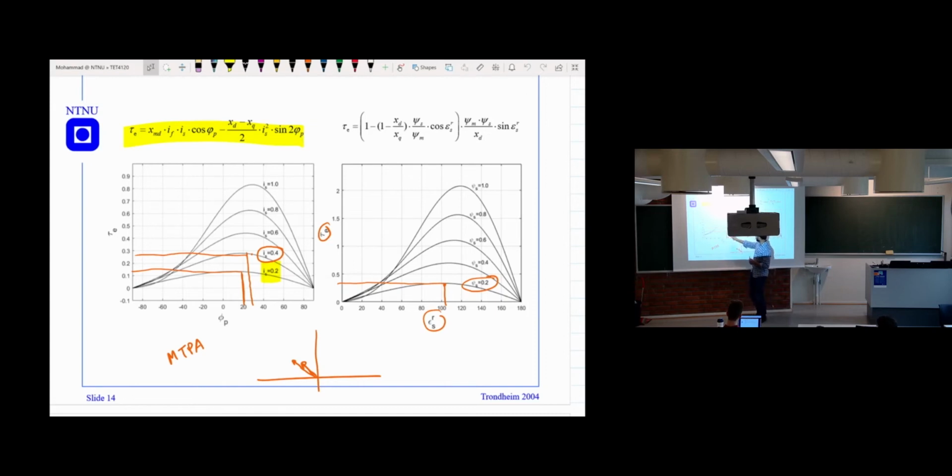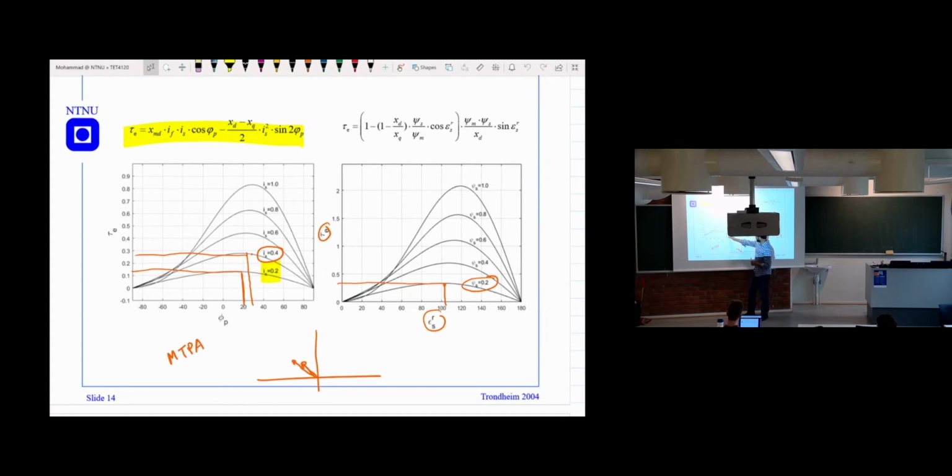So, for example, when you have the current 0.2 per unit, this is the plot for changing of the angle, and we see that at this point we get the maximum torque. For this current we get the maximum torque when we set this angle to something like 20 degrees.